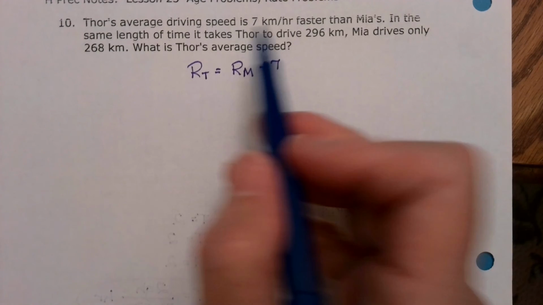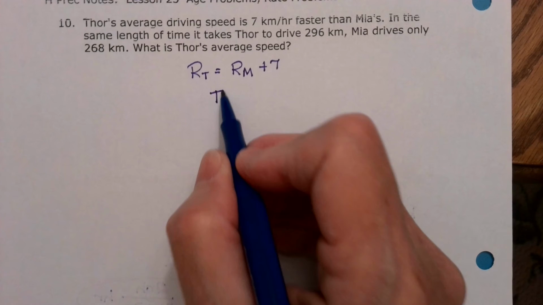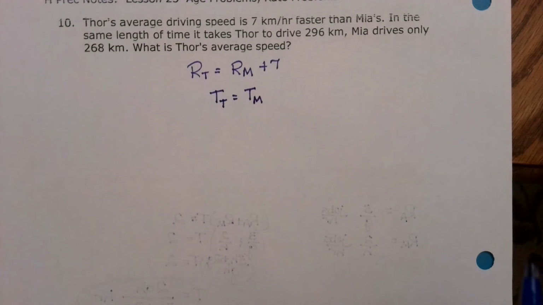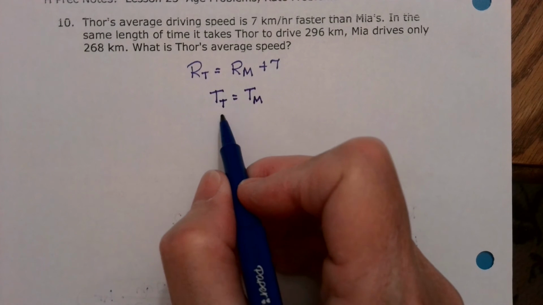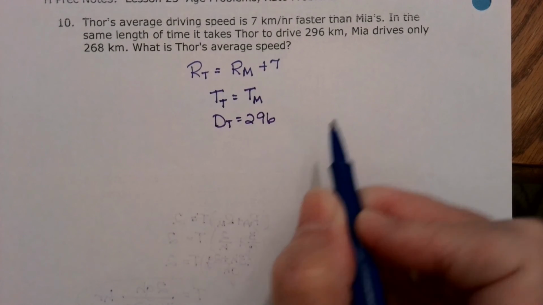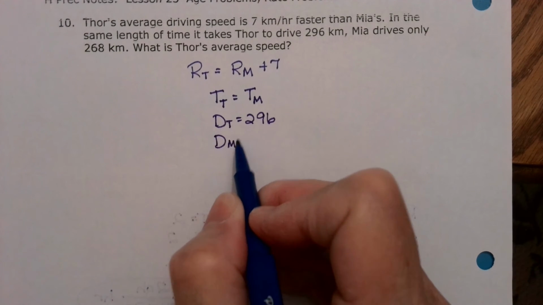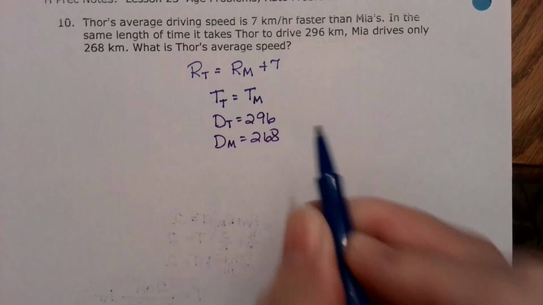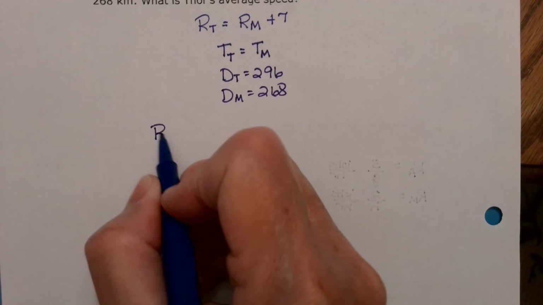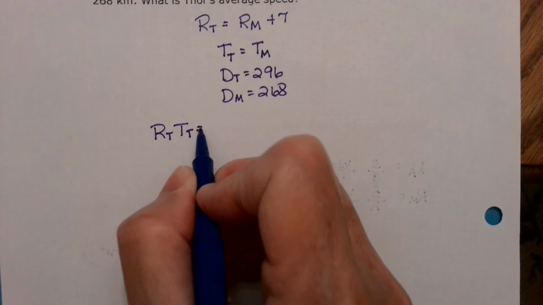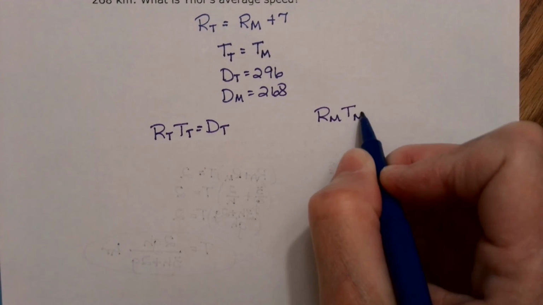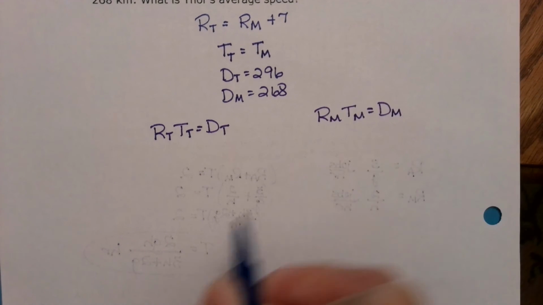So it says in the same length of time, so that means the time for him is going to be the same as the time for her. It says that his distance, so Thor's distance is 296, but Mia's distance is 268. Now we know that we can say that Thor's rate times Thor's time is Thor's distance, and Mia's rate times Mia's time is Mia's distance.